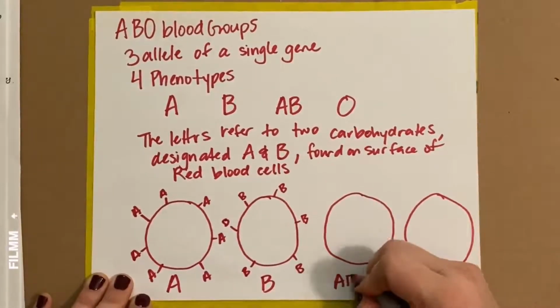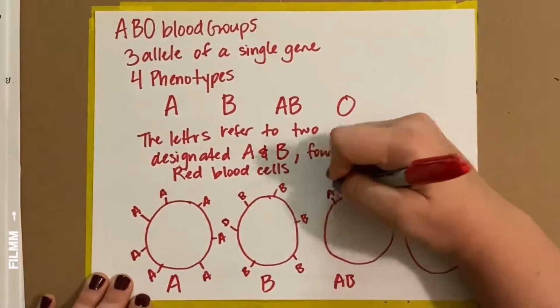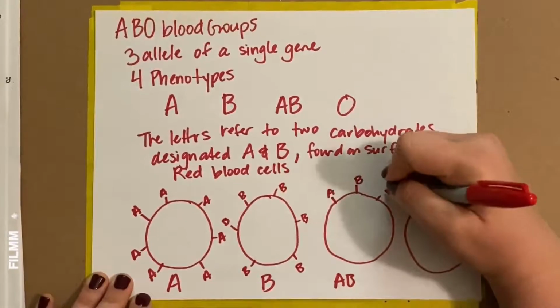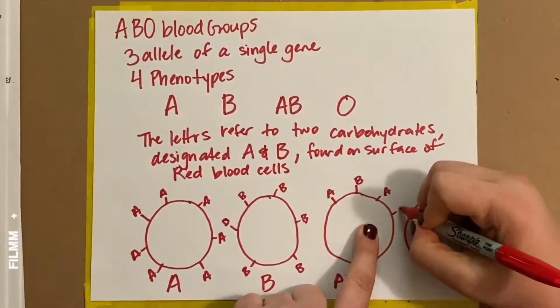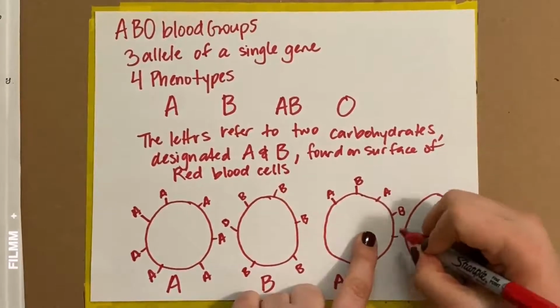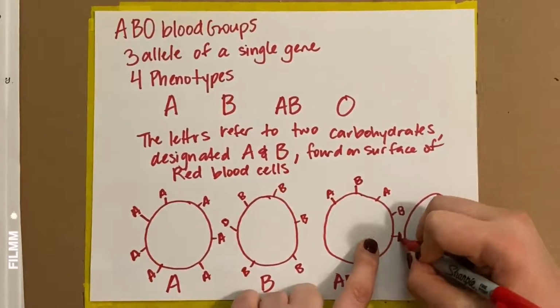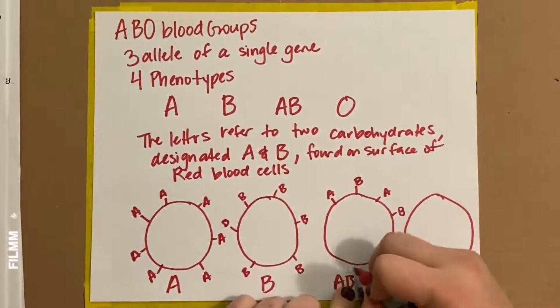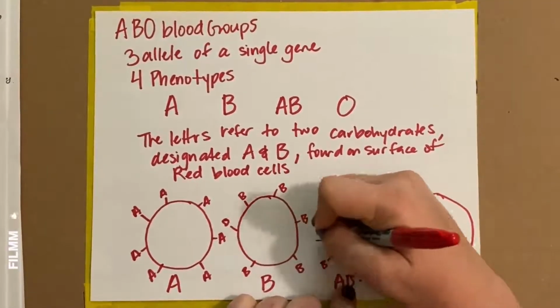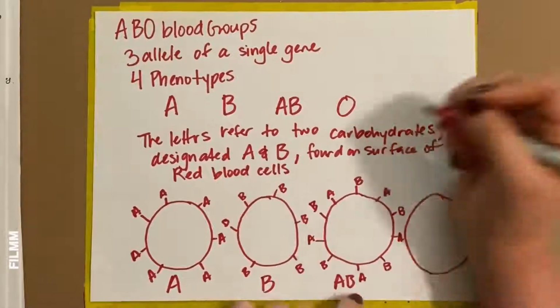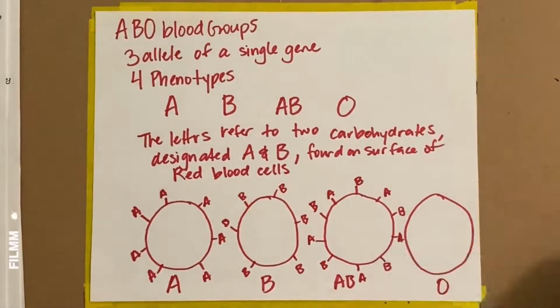For AB, you would have A and B. Because this is codominant, instead of blending, we have both present and unaltered. They're both just there. And our last group, O, has no carbohydrates on the outside, so it doesn't have A's or B's.